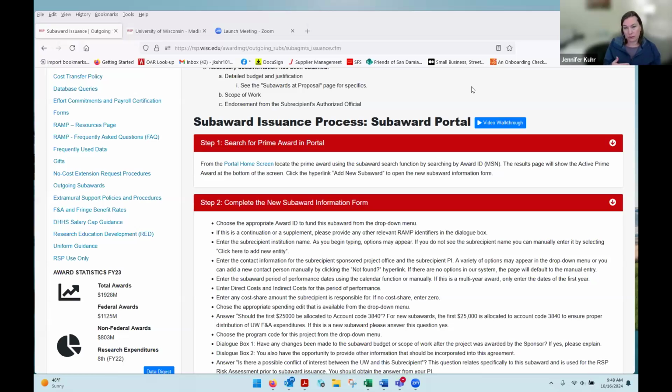We are working through internally to get a list of ones that need to be updated, but it's also helpful if you can reach out to your accountant just so that we know that it's on the list to be updated. Because as we move into Workday, they need to have separate projects. So I just wanted to make that clear before I dive into the Subaward portal.